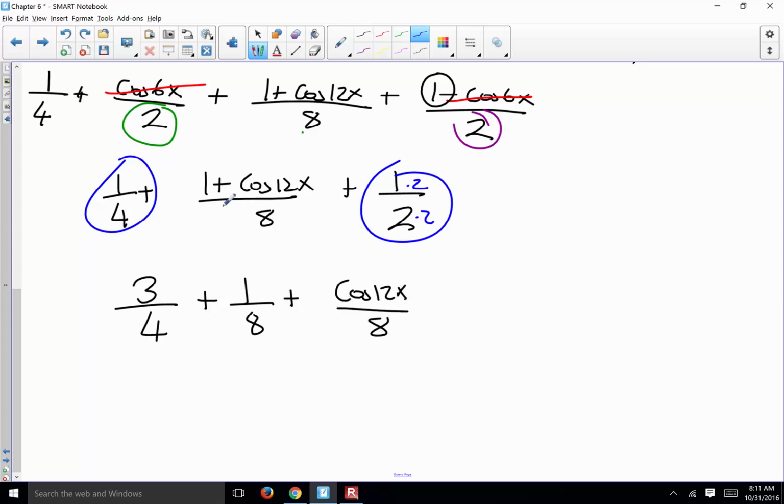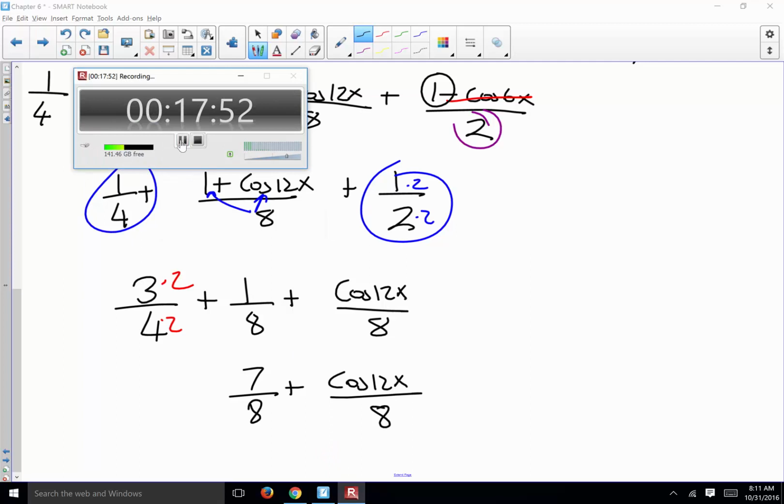Look, when I split this apart, there is another 1/8 coming in. So I can combine them as well by setting another common denominator. So it is 7/8, 6 plus 1, 7/8 of cosine 12x over 8. Wow, such a long one.